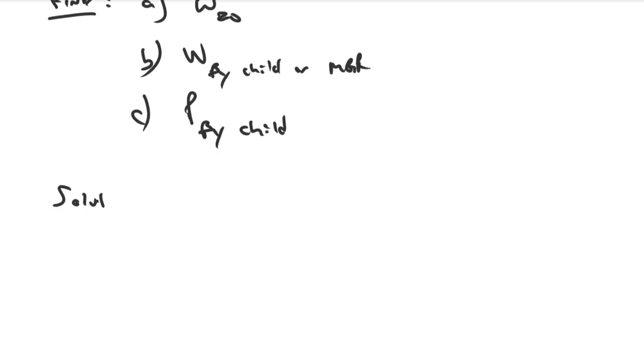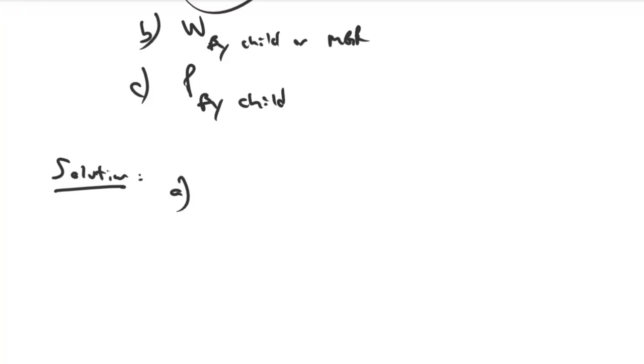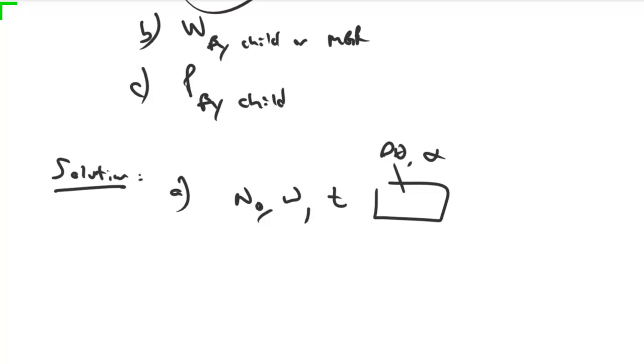So the solution to A here. We want to know how fast it's moving after 20 seconds, and we know the time, and we know the starting velocity. So you might say, all right, I know omega naught, we want omega final, we know the time. If we only had a fourth thing, we could solve this. And there's only two other things we could put in here: we could either put in a delta theta, or we could put in an alpha, and then we could choose different kinematics for it.